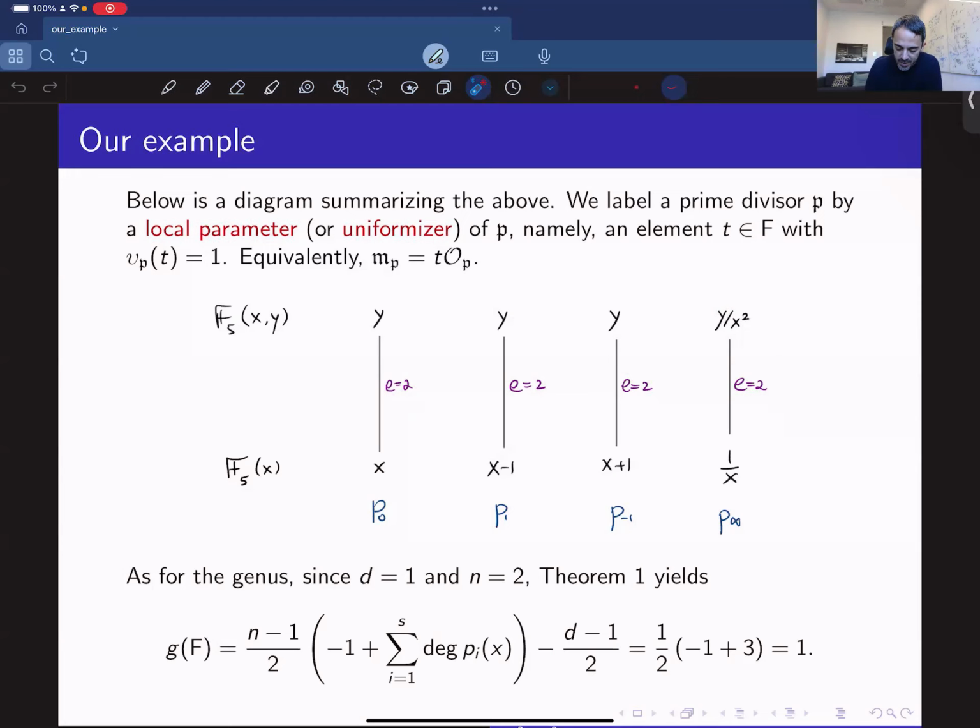And we also said that, if you remember, it is useful and informative to specify a prime divisor using a local parameter, or a uniformizer, sometimes it's called. That's just a function that has valuation 1 at that particular prime divisor.